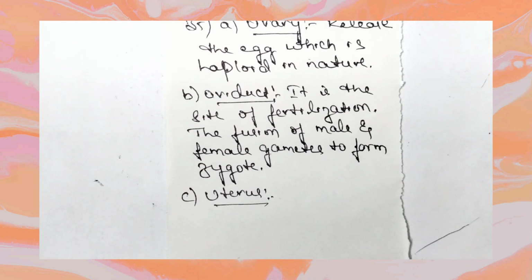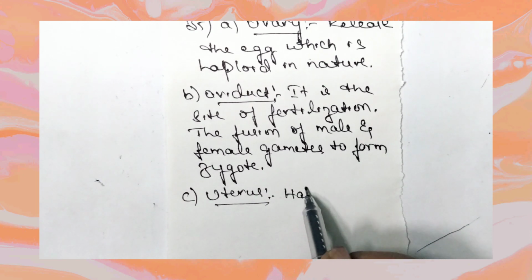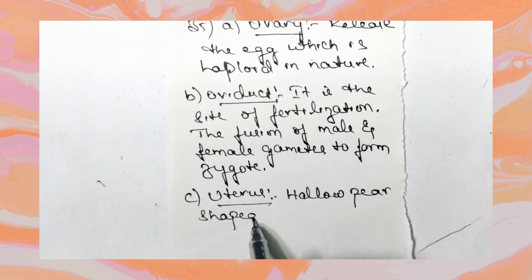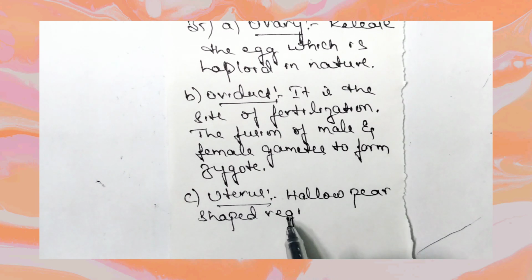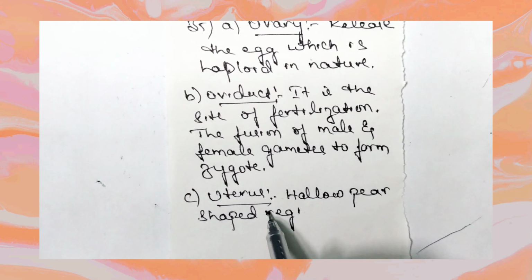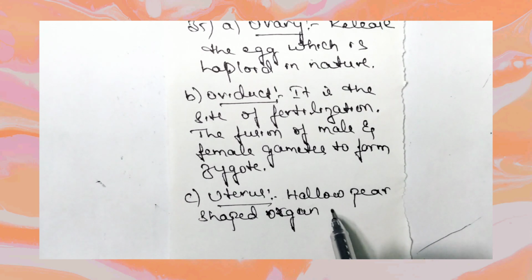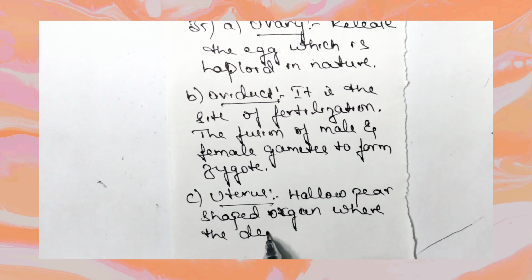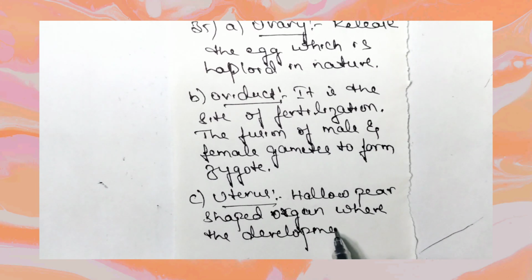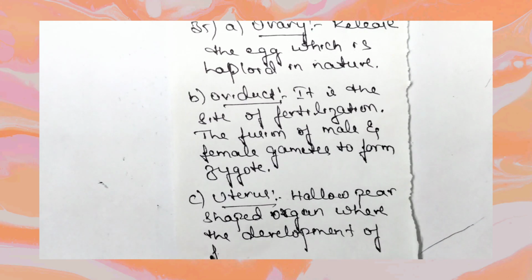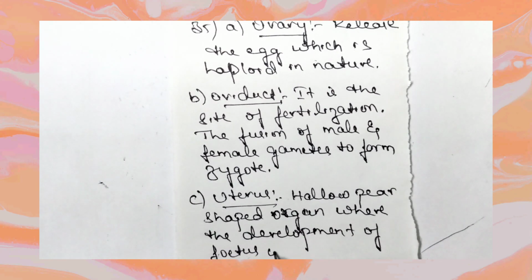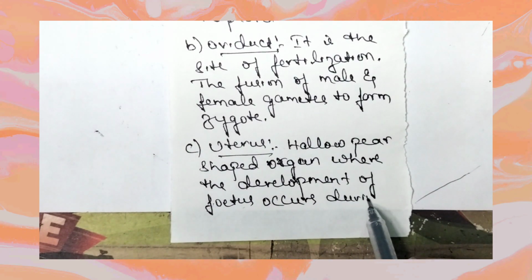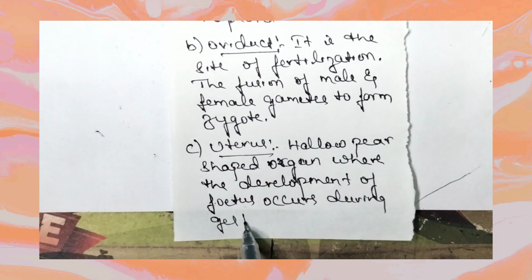So uterus is a hollow pear-shaped organ where the development of fetus occurs during gestation period.